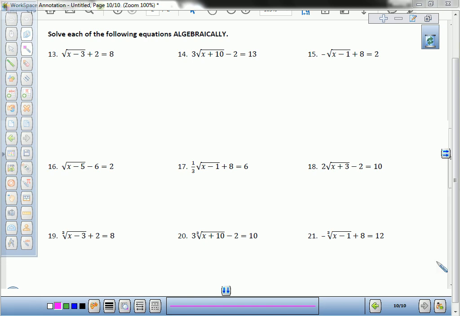So basically I'm trying to get that radical part by itself. So that's going to be our step 1, to isolate the radical. And then we'll either square or cube both sides, depending on which radical we have. And then we'll solve what's left.